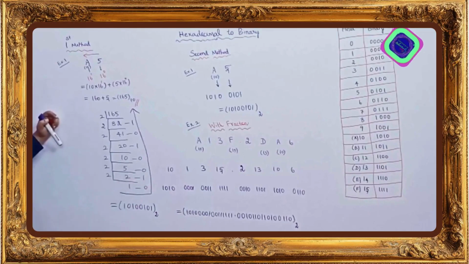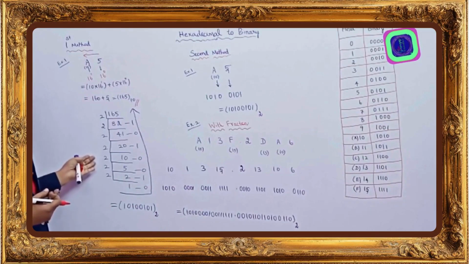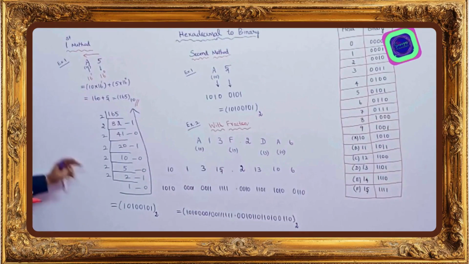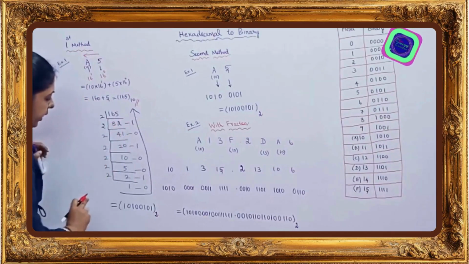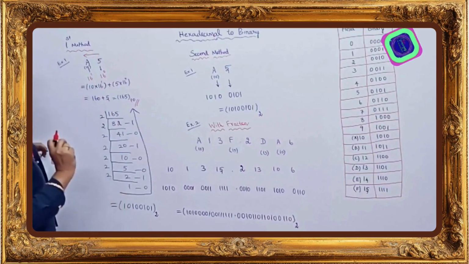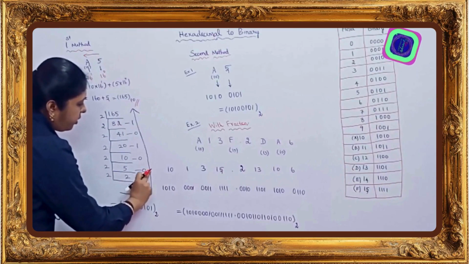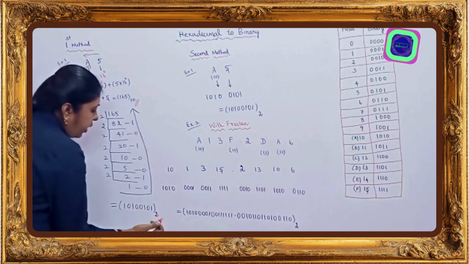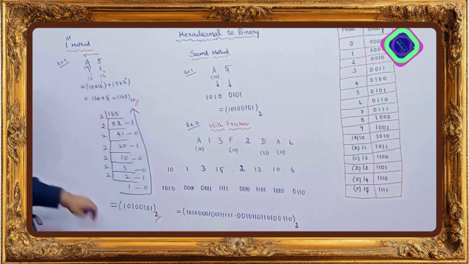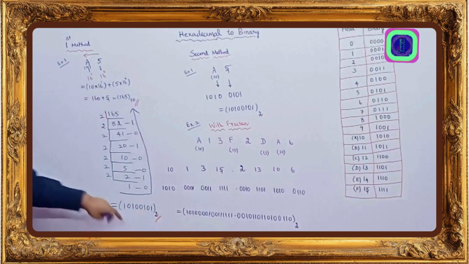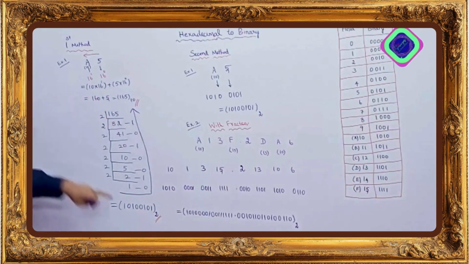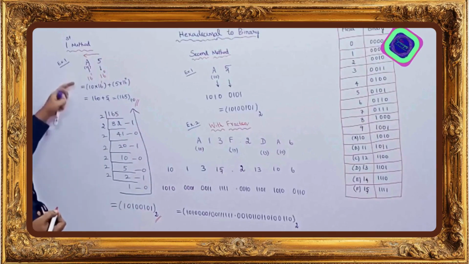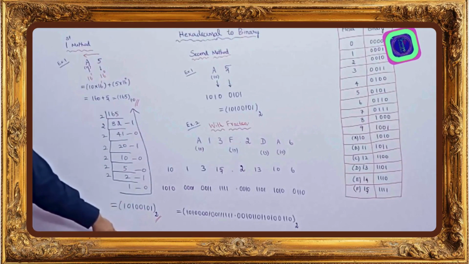We have already discussed these types of conversions many times in the previous videos, so I am directly representing the answer. Written from the bottom to the top, it is 10100101 to the base of 2. This is the binary value. Hexadecimal is base 16 and binary is base 2, which consists of zeros and ones. So we convert to decimal, and from decimal we convert to binary.